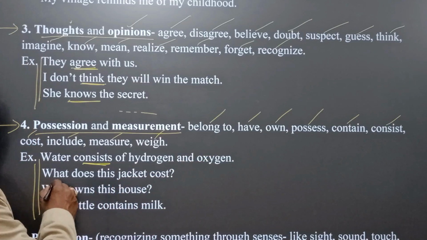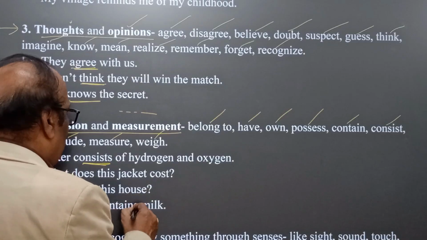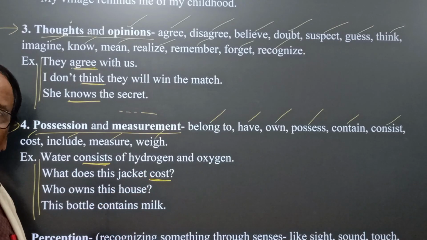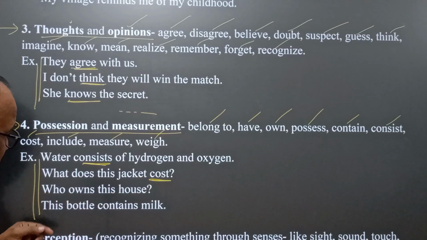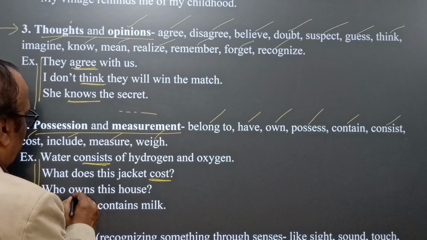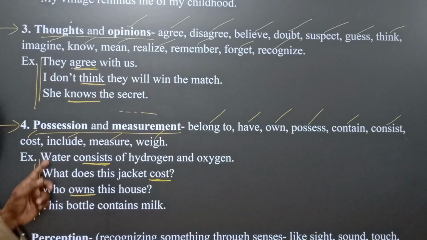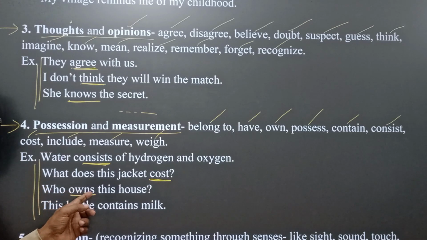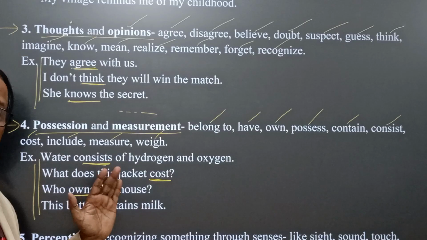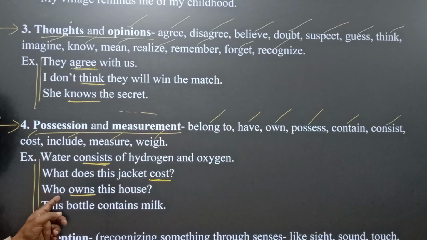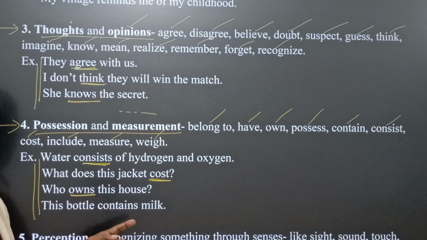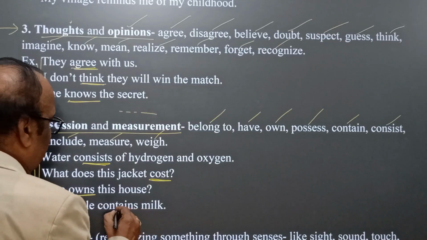It will be wrong. What does this jacket cost? Cost is also a stative verb. Next, who owns this house? Here, owns expresses possession. Therefore, who owns this house is correct. We cannot say who is owning this house. This bottle contains milk.